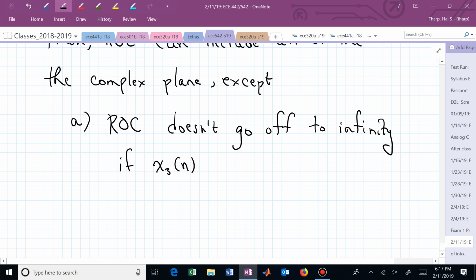So we had problems there when? When we went off to infinity, we had causal behavior, right? When z went off to infinity. So now, if it doesn't go off to infinity, we have something else happening, right? So if it doesn't go off to infinity, then we could allow what to happen?